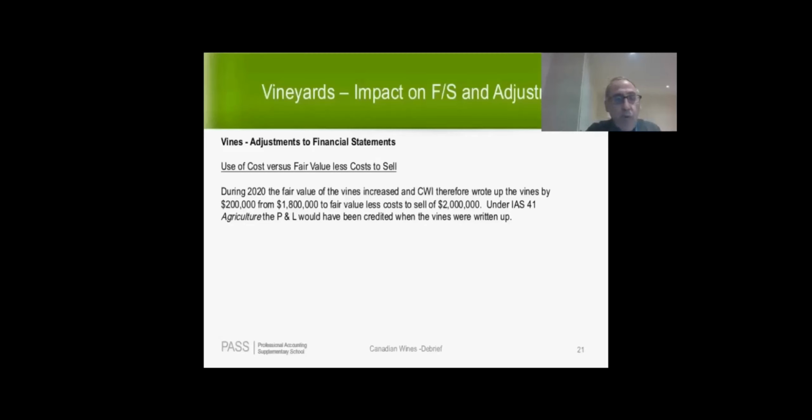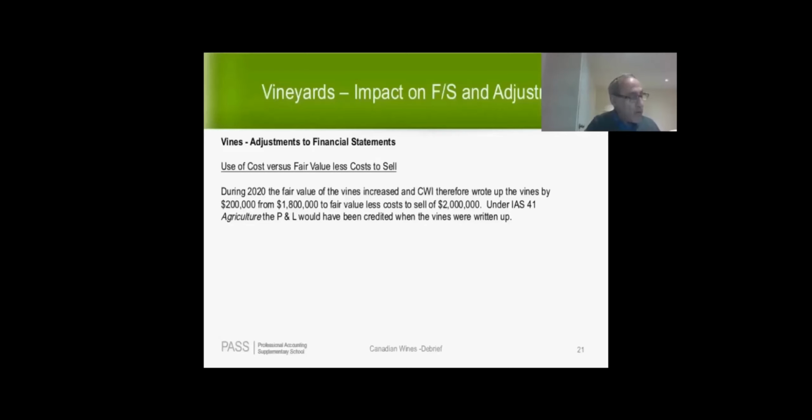Under IES 41, before I can figure out the adjusting entry, I'm going to ask myself, what would the original entry have been? When they first wrote up the vines from 1.8 million at the beginning of the year to 2 million at the end of the year, right? Because we know that the fair value less cost to sell for the vines was 1.8 million at the end of 2018 and at the end of 2019.